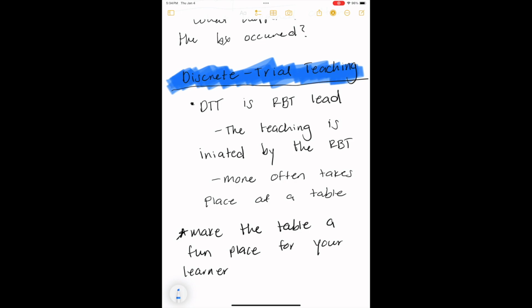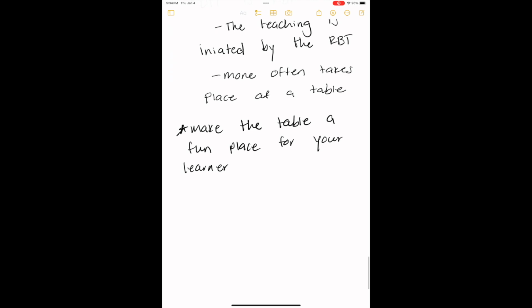And I mean, if I were a learner and I just sat at the table for, depending on how old the learner is, 7 to 10 minutes doing DTT, I'm probably not going to want to be reinforced at the table, which is why most learners want to get up after DTT time, because they just spent 7 to 10 minutes sitting down and they probably don't want to do that anymore, which is fine.